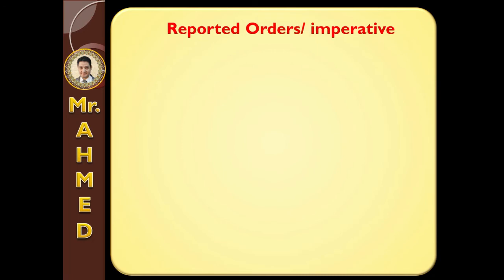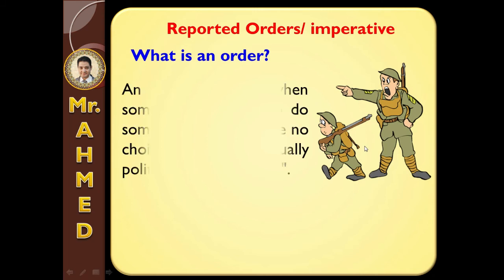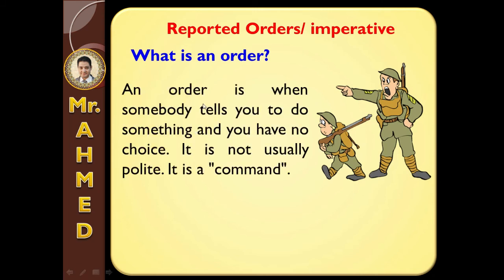Reported orders, imperatives. What is the meaning of order? As we will see, look at the picture. This is an officer. He ordered the soldier. So we will understand that an order is when somebody tells you to do something and you have no choice. It is not usually polite. It is a command, like "Catch him quickly," "Stop."